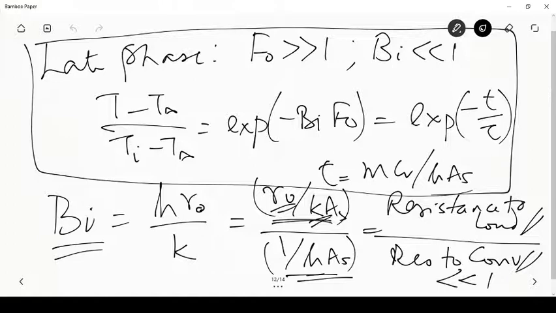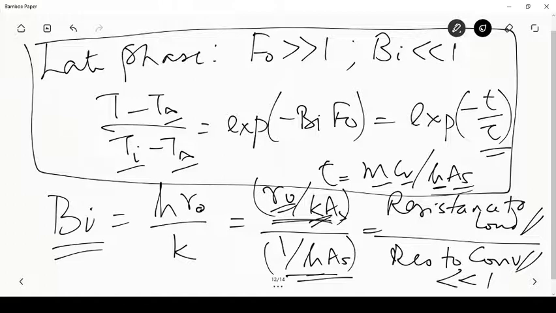Once I specify the time, and I know the values of m, Cv, because it's a body of mass m whose specific heat is Cv, and its surface area is As, and the heat transfer coefficient of the medium in which it is dropped is known as h, then I can calculate the tau, and substituting in this expression, I can get exponent of minus t by tau, which will give me the value of (t minus t infinity) by (ti minus t infinity). And once I know the value of t infinity and ti, I should be able to get the value of t.